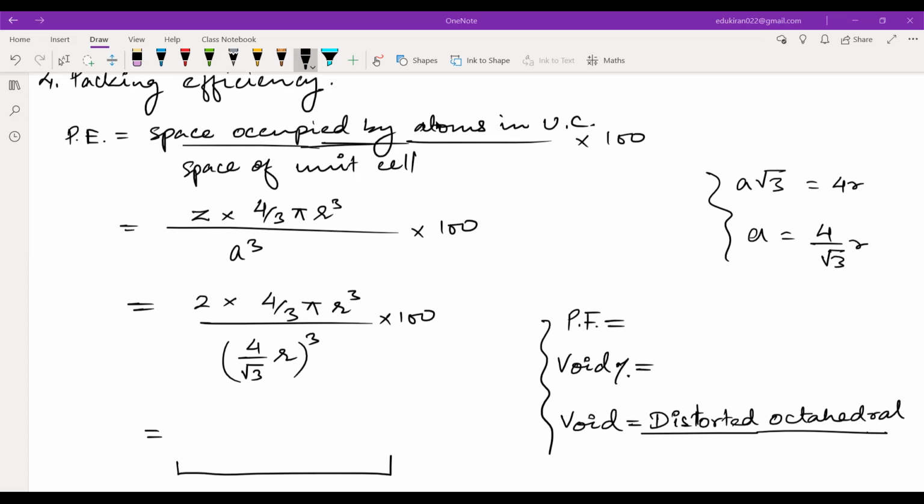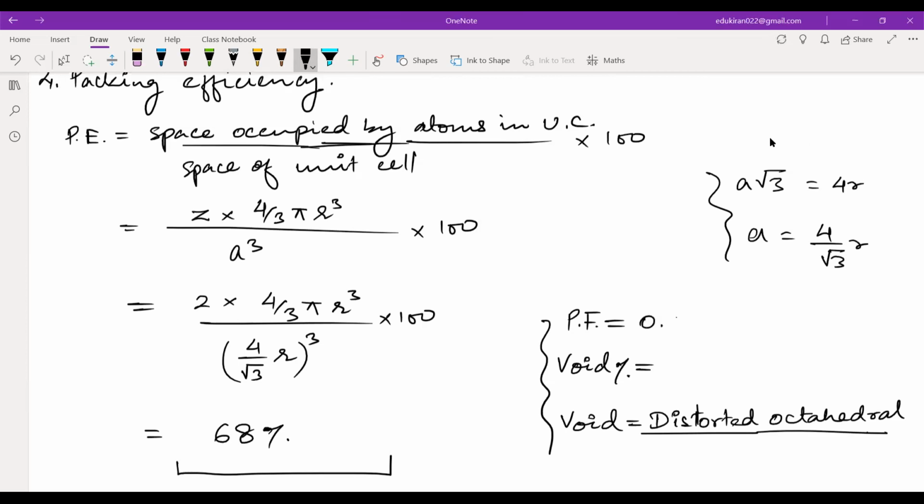Looking for a few more answers. Yes, so you can remember that it is 68%. It is approximately 68.03 or something, but the packing efficiency will be equal to 68%.